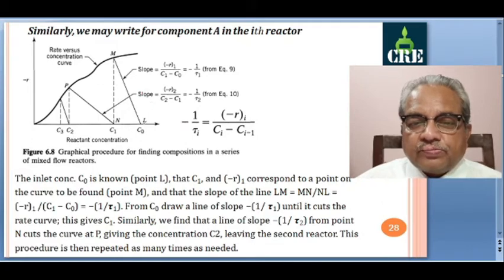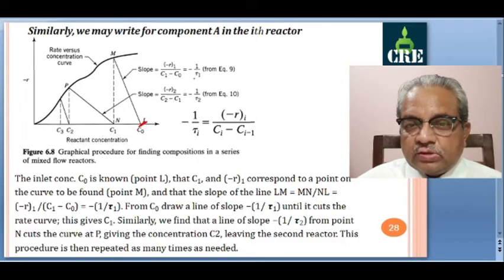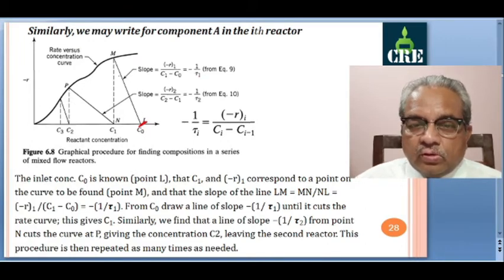First we start with C0. We want to know C1. If I know tau 1, then minus 1 upon tau 1 is the slope.